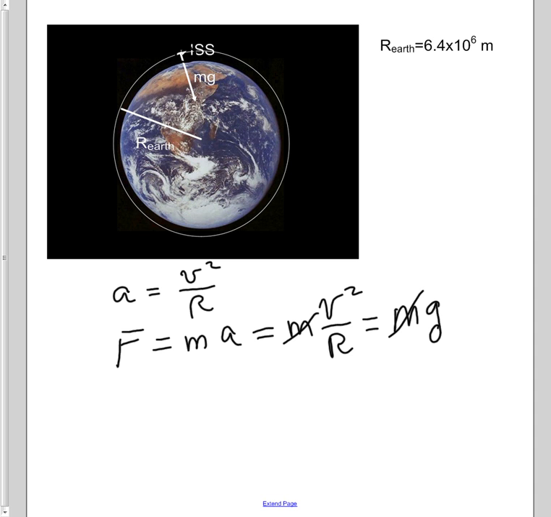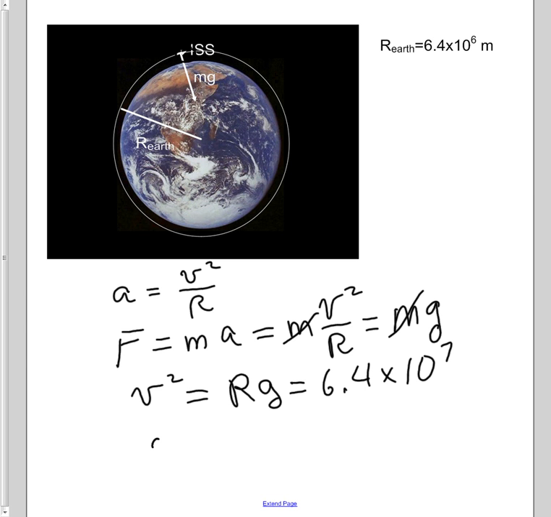That's it. And therefore, first of all, we see that the masses cancel out, and v squared then is equal to rg. Pretty simple problem, which is equal to 6.4 times 10 to the 6th, and I'm going to simply take g to be 10, make this 10 to the 7th.